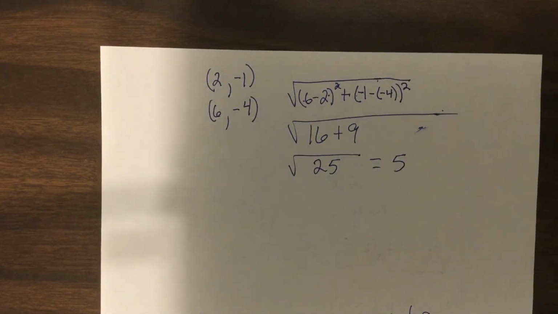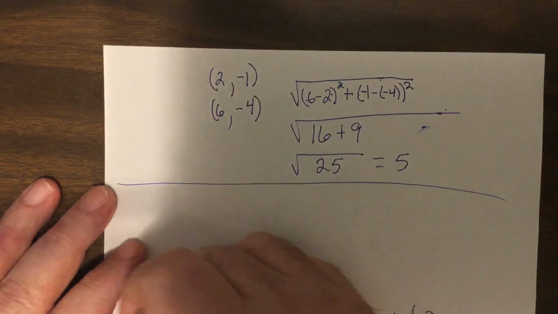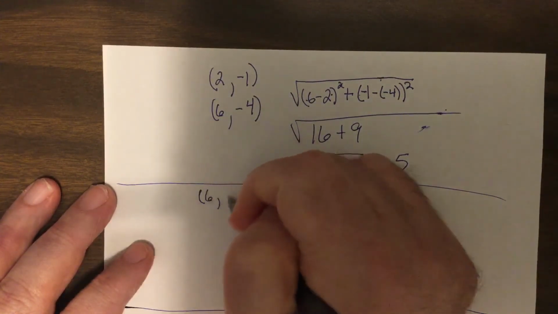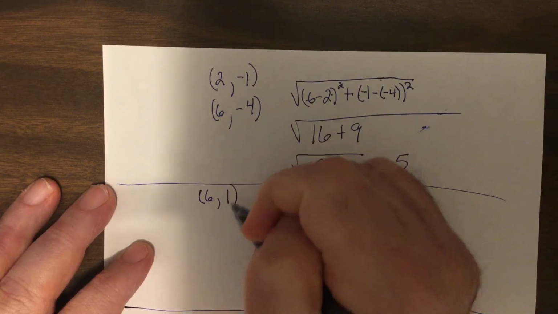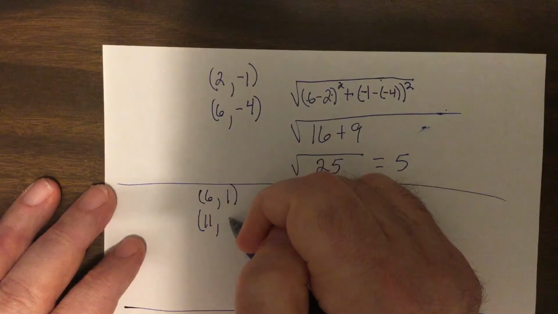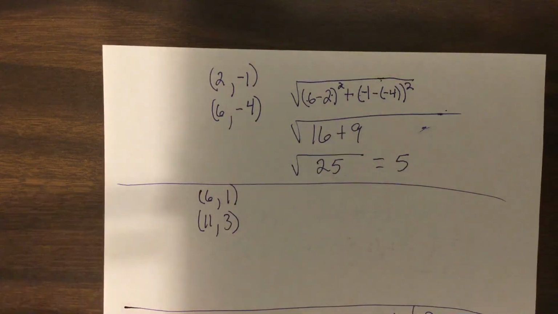So you really just plug it into a formula. Try one for me, my peeps. Do 6, 1, do 11, 3. Find the distance between those two for me, please.